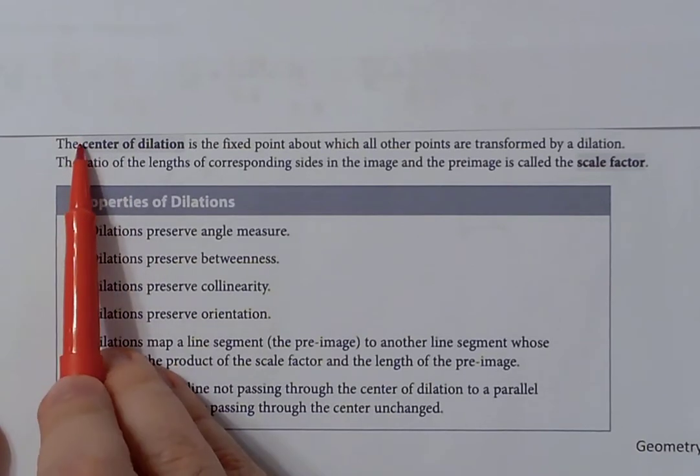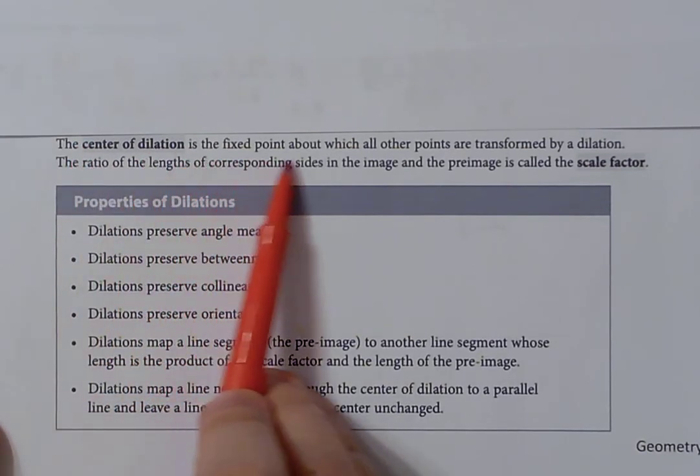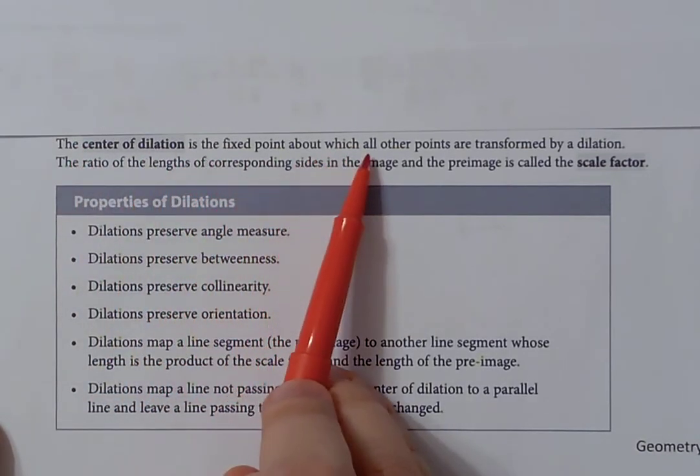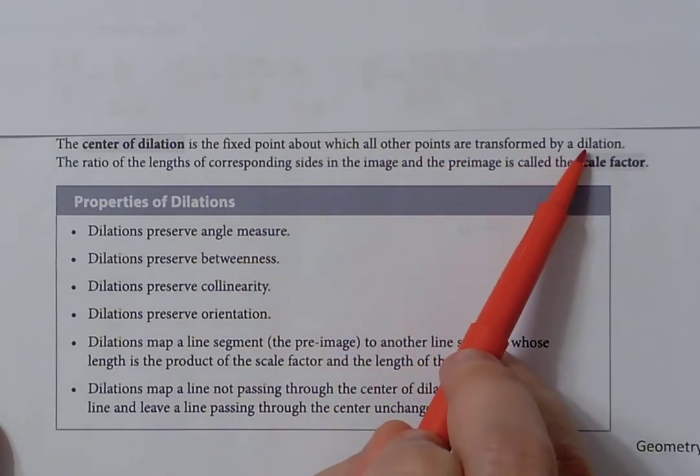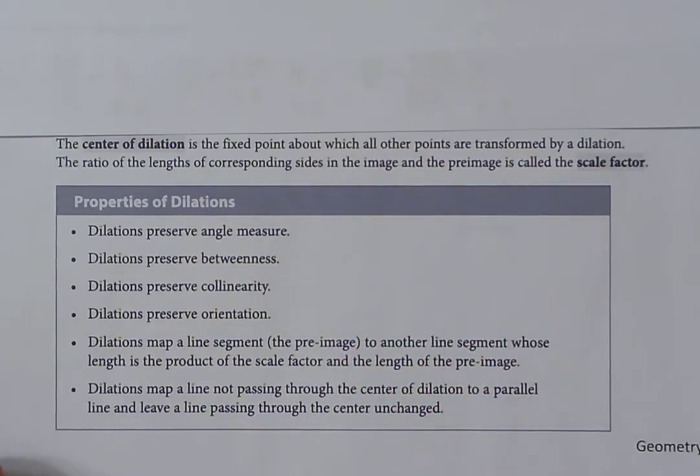Now, the center of a dilation is a fixed point about which all points are transformed by a dilation. So that's going to be the point at which all measurements are dilated. Most of the time it's going to be the origin at 0, 0, but sometimes they will choose one of the vertices or some other point.